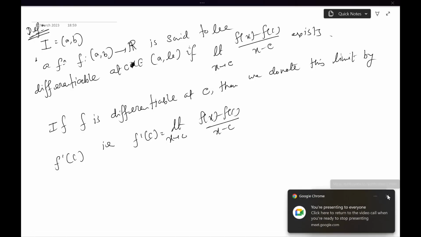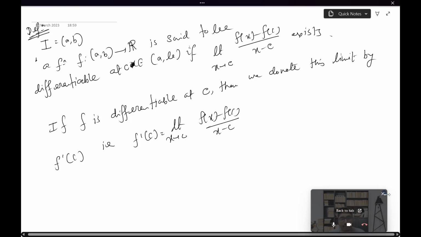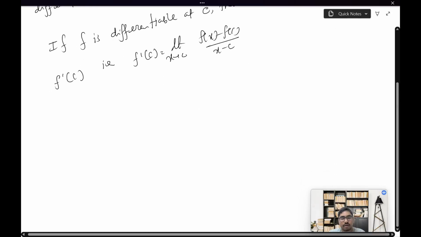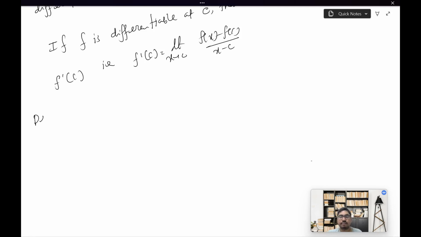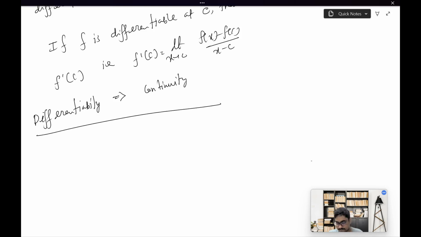So this is the definition of differentiability, and the first of the important properties that we should know is that differentiability implies continuity. Let f be differentiable at c.